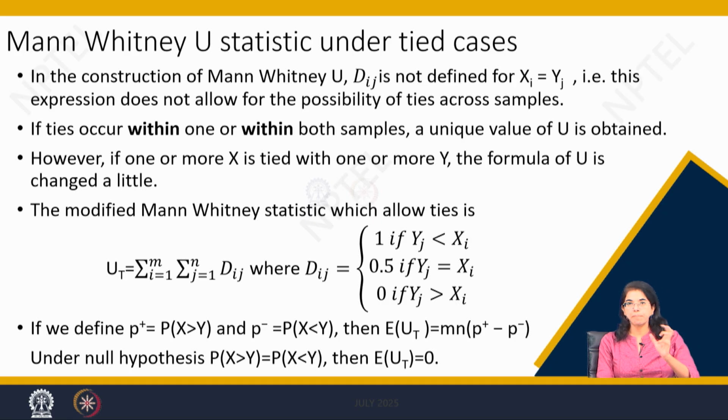That's why Mn and P plus minus P minus, because P minus comes from the negative part of that probability. So under the null hypothesis, the probability of X greater than Y is equal to the probability of X less than Y, and then the expectation of Ut turns out to be 0.